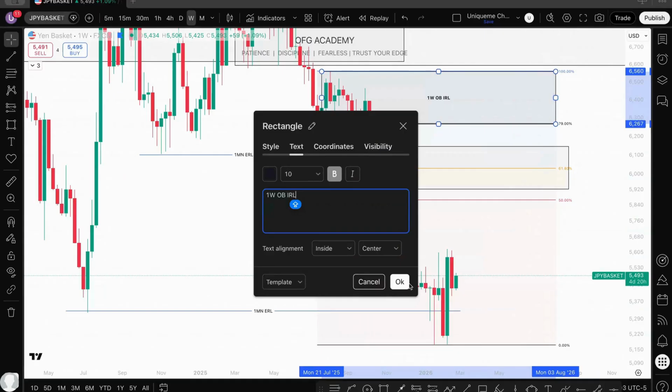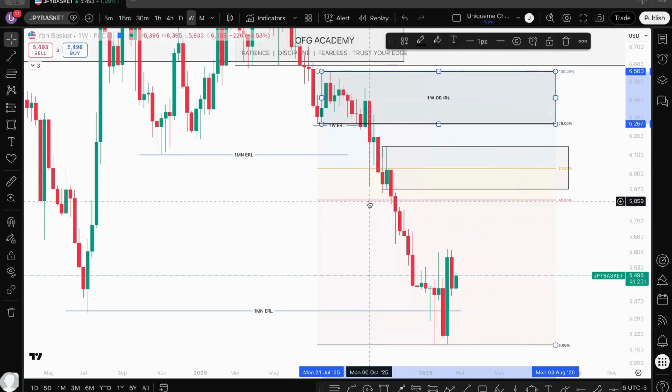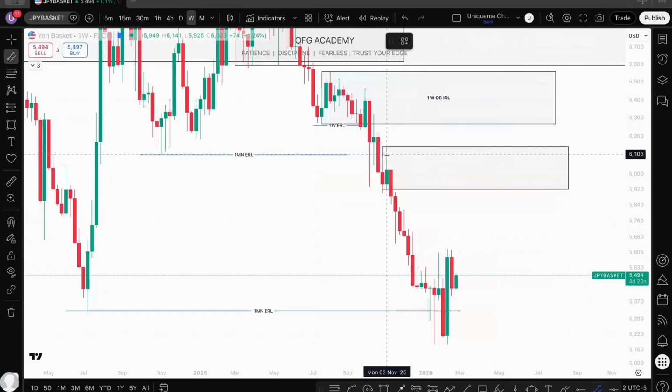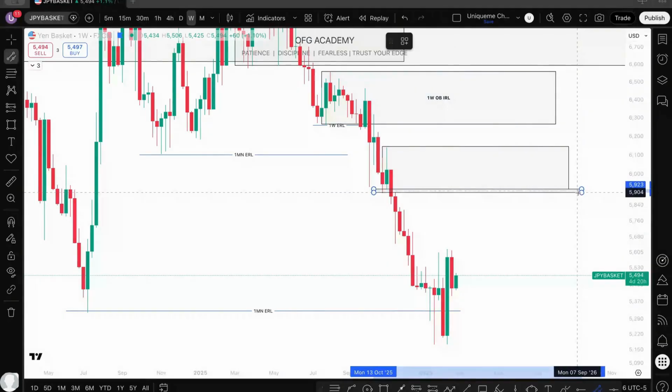But I told you, on the weekly time frame, you have to be very conscious of order blocks, fair value gaps, and liquidity voids. Price always reacts there. When you see a fair value gap on the weekly time frame, just mark it out.